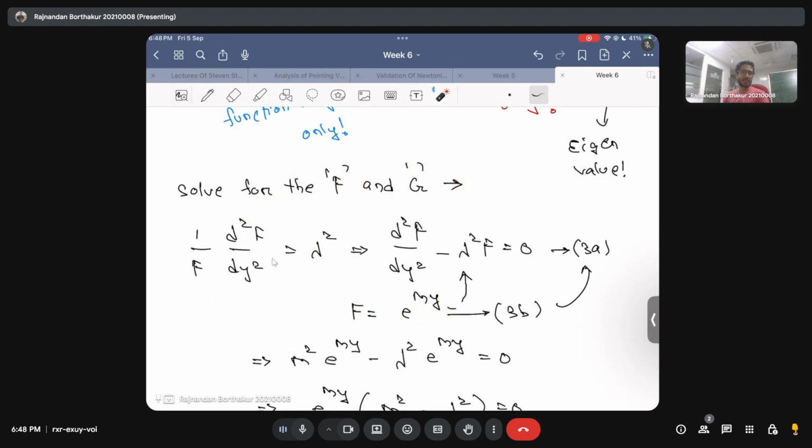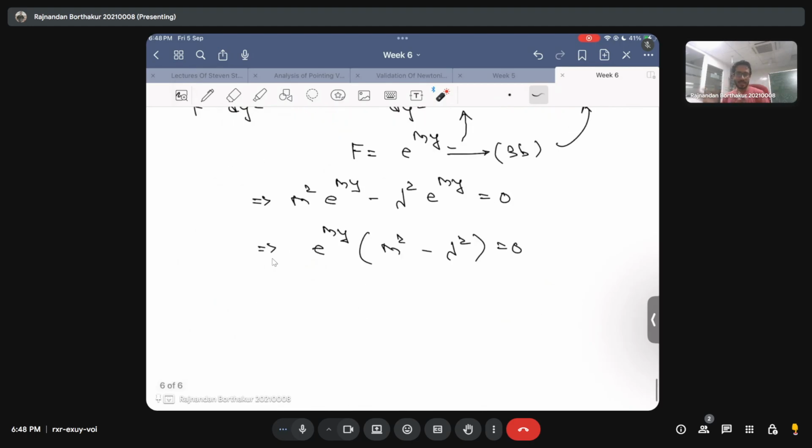But that's the trivial solution, and we don't want it, because physically T equal to 0 is not possible, since we are imposing a non-zero temperature on the upper face. So e power my cannot be 0, which means m squared minus lambda squared is equal to 0, so m is equal to plus and minus lambda.